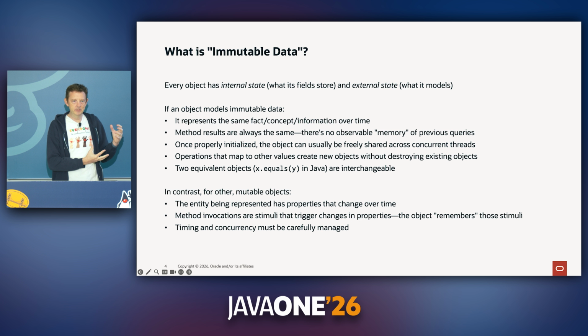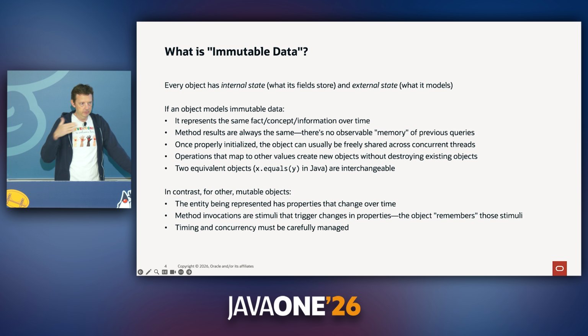What you represent is at a higher level of abstraction, and you use the fields to store information about what you represent. If an object models immutable data, the key idea is that it represents the same thing, fact, concept, information, something over time. It doesn't change in what it represents.